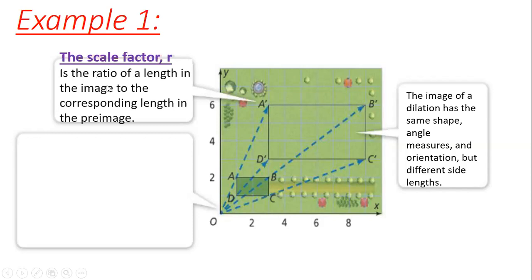So it's the ratio of a length in the image, for example A prime, B prime, to the corresponding length in the pre-image. What is the corresponding length to A prime, B prime?